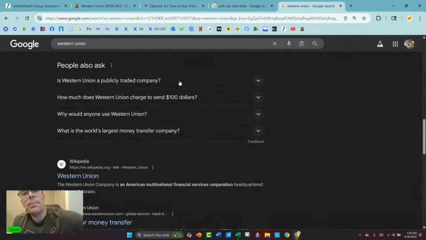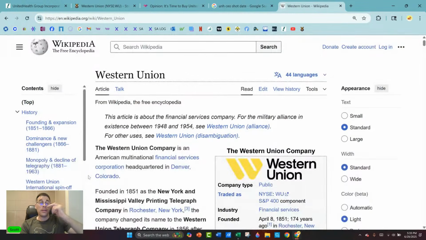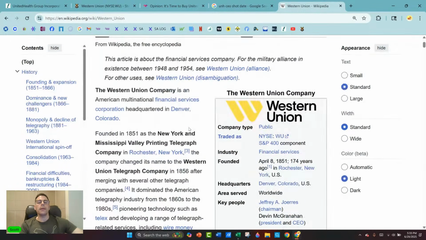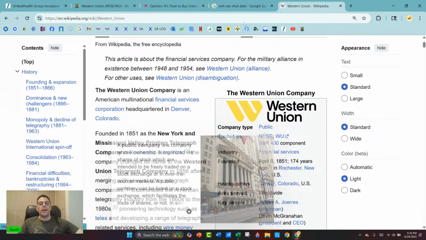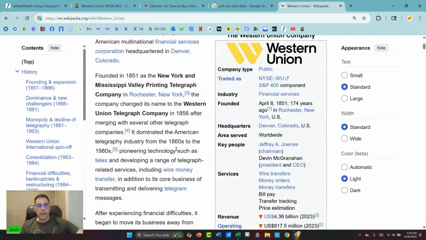But maybe something happens, for instance, if PayPal acquires them, or something significant like that happens, or they acquire a company like PayPal, and they convert a lot of their business to more techy. But it's pretty unlikely. It's been around 170 years.